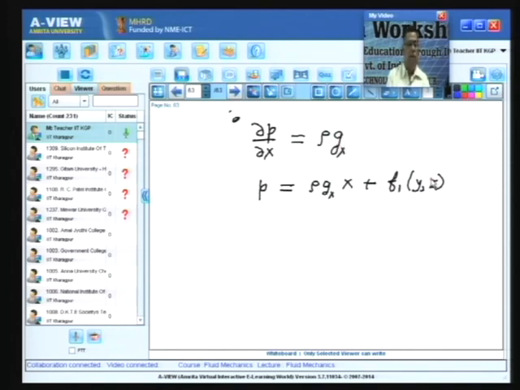Now, we need to find this function f 1. This function we can find from the other two equations. So, let us look at what is del p del y from this expression. Now, this being x, the first term will be 0 and you are going to get del f 1 del y, and this we know is rho into g y.